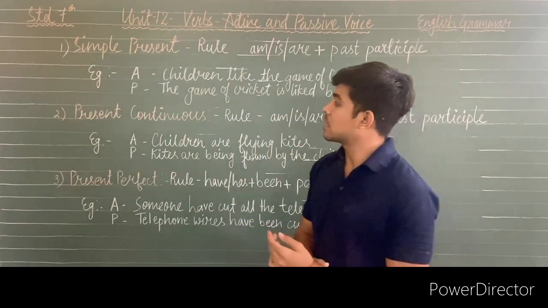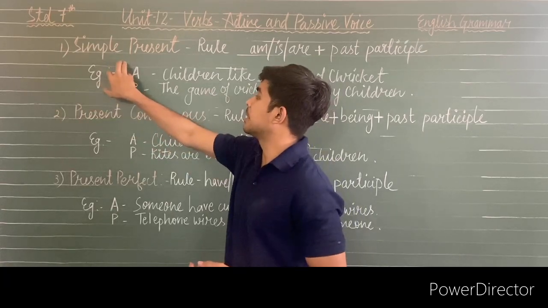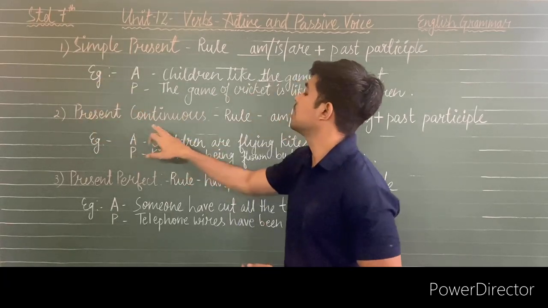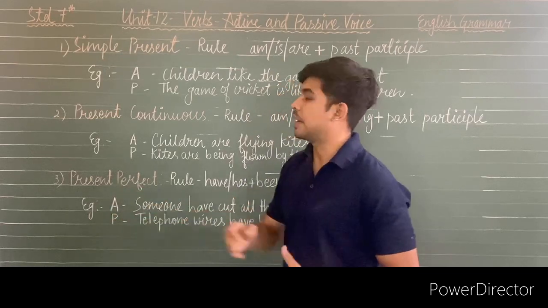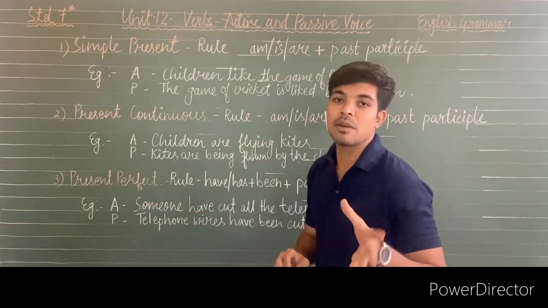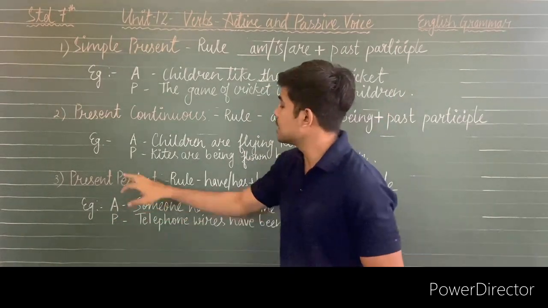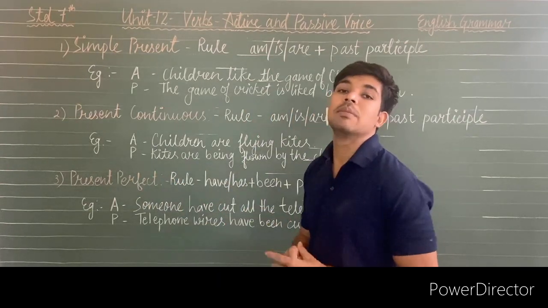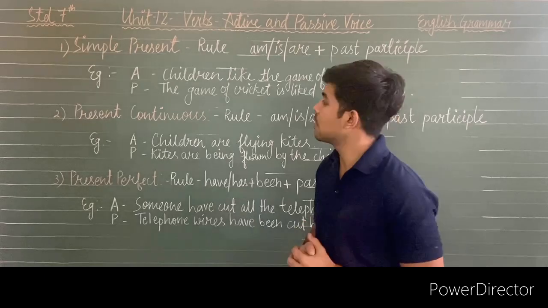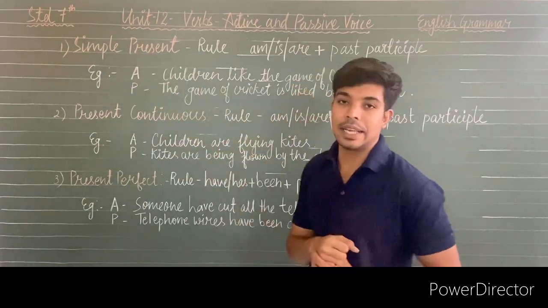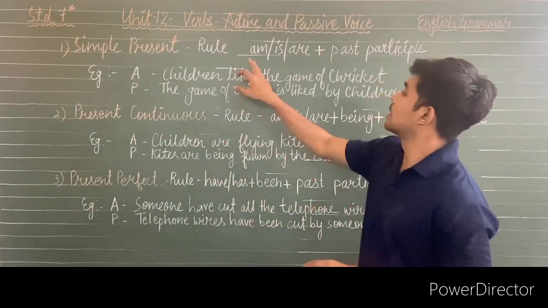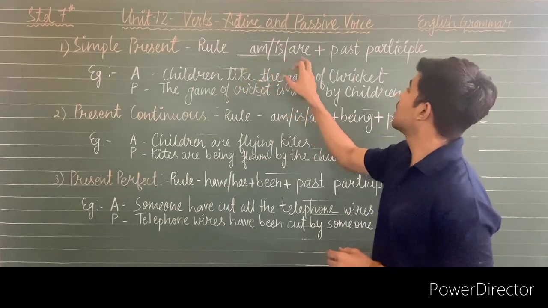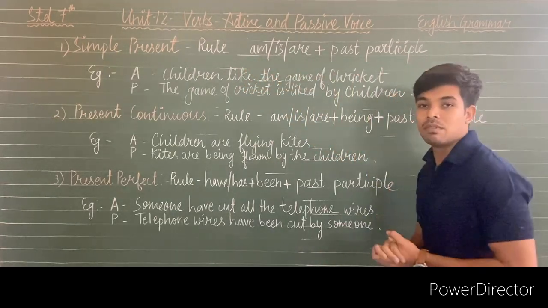Here we have discussed three different tenses: simple present, present continuous, and present perfect. What changes are made in these tenses so that they can become passive voice? We'll start from the simple present tense. The rule is simple: am, is, are plus past participle verb.